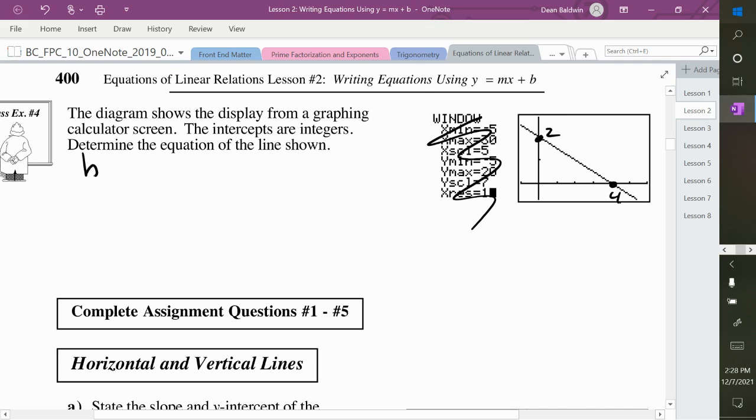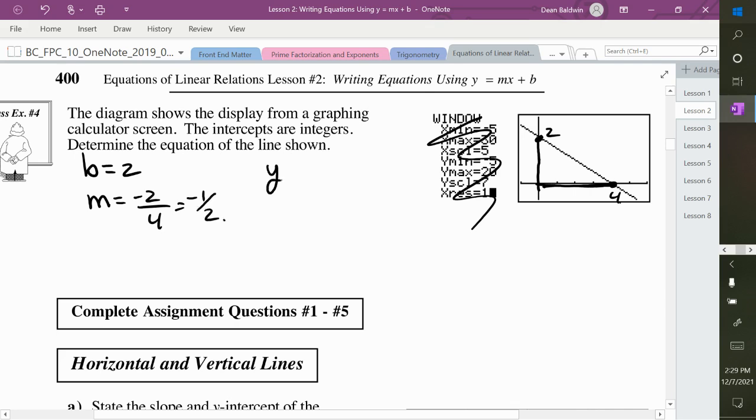Y-intercept. So, what's my b value? 2. What is the slope? How do you find the slope? Rise over the run. So if I go down 2 over 4, which reduces to negative 1 over 2.